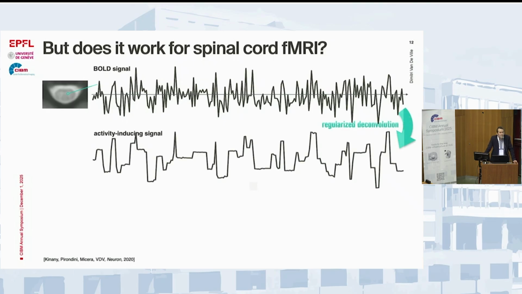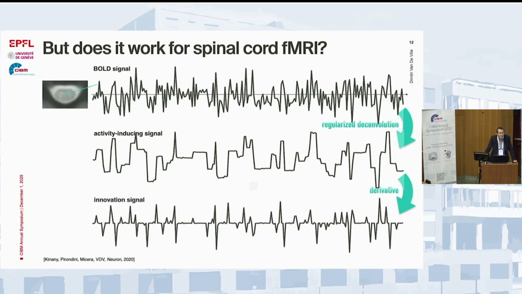But actually, if we do the total activation deconvolution, we get to something that looks interesting. And we can, of course, do the derivative, because that's what the regularizer was driven by. We seem to express the signal in something that has transients that happen from time to time.